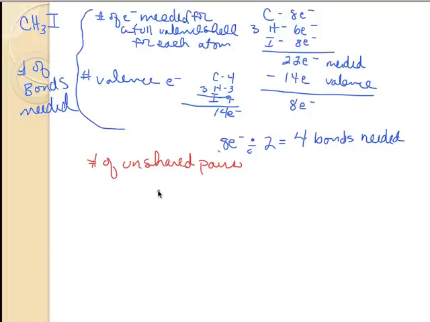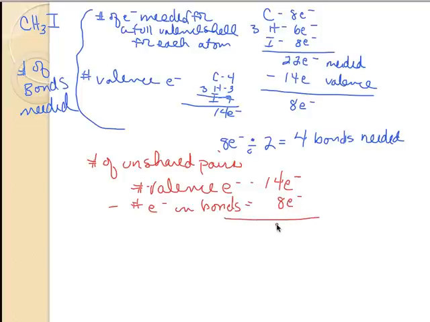If I have 14 electrons that are the valence electrons, and I subtract the number of electrons in bonds, which is 8 electrons, that gives me 6 electrons. Divide by 2 gives me 3 unshared pairs.